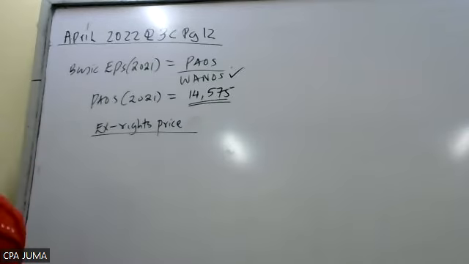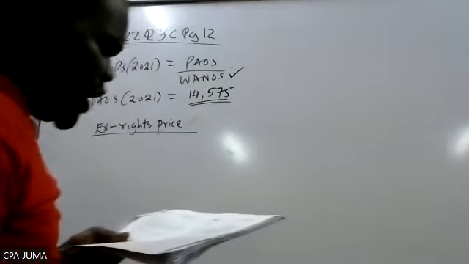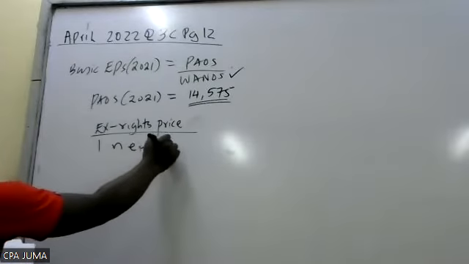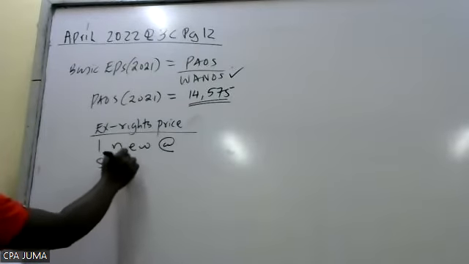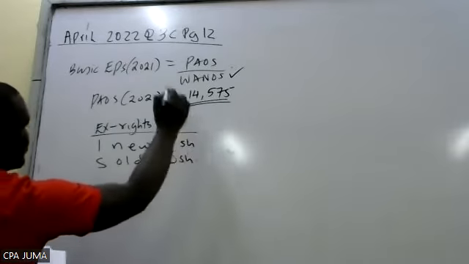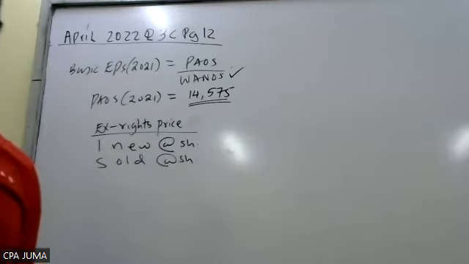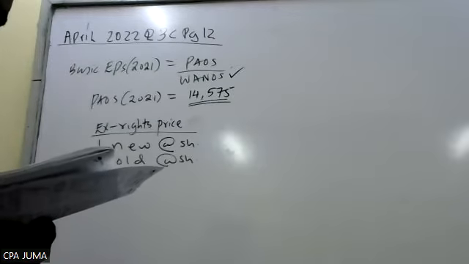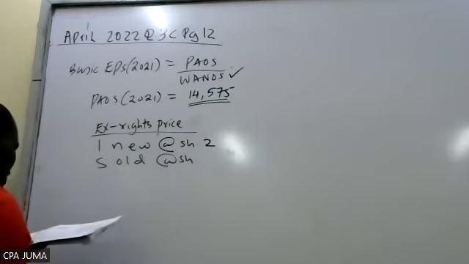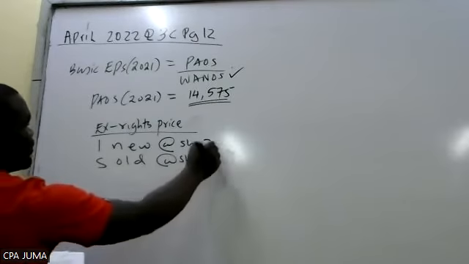Check the basis on which they were giving the rights. You are getting 1 for 5. So 1 new for 5 old. So 1 for 5 rights at a price of 2, when the market price cum-rights was 5.